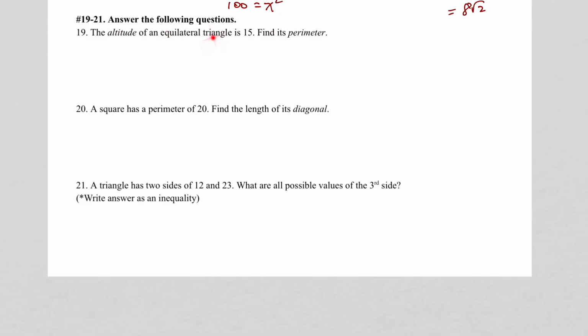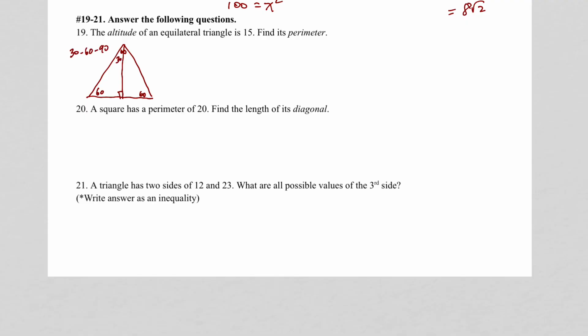Okay, the altitude of an equilateral triangle is 15. Find the perimeter. So let's first draw this. We have a triangle that looks like this, and each of these are 60 degrees if it's an equilateral. And if we cut this down, this will become 30, so we have a 30, 60, 90 triangle.